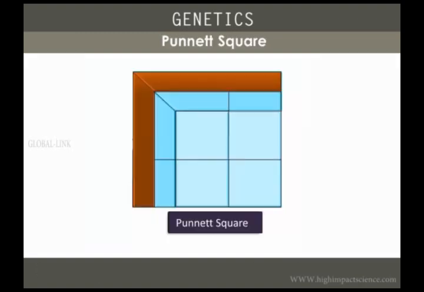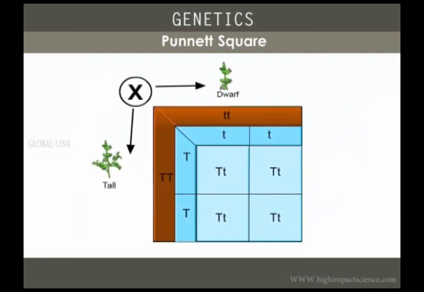A Punnett square can also be used in predicting the outcome of a cross or breeding experiment. It is a graphical representation that helps to calculate the probability of all possible genotypes of the progeny in a genetic cross.